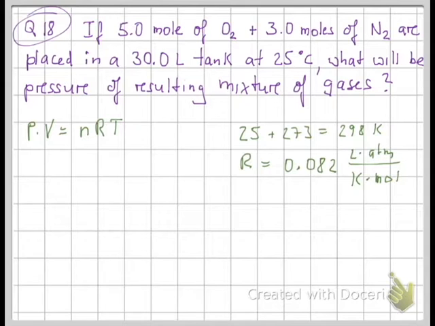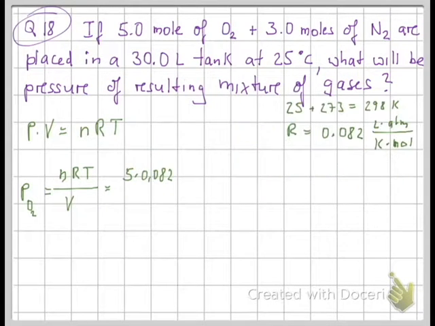So the pressure for oxygen, O2, is related to 5 moles. You solve for P by dividing by V, so P equals nRT divided by V, where the number of moles is 5 for oxygen. I'm running out of space here. Let me reorganize this for a little bit.